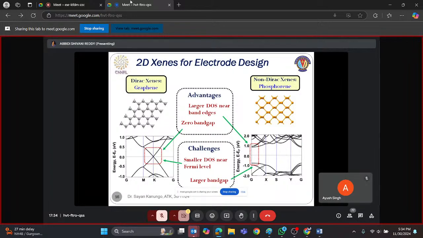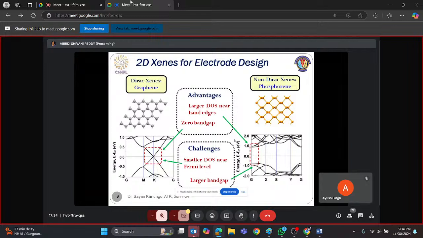So, to summarize this assessment, we can say that in graphene, the touching of conduction band minima and valence band maxima ensures the presence of electronic states near the Fermi level. However, the E-k relationship of graphene leads to a smaller density of states near the Fermi level.